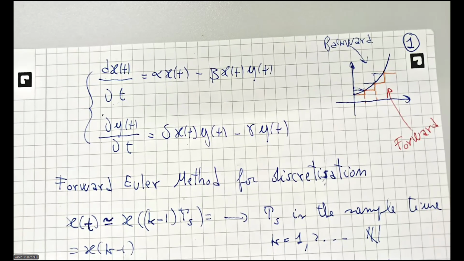The Lotka-Volterra model is also known as the prey-predator model, in which X is the prey, or better to say the number of preys, and Y represents the number of predators.